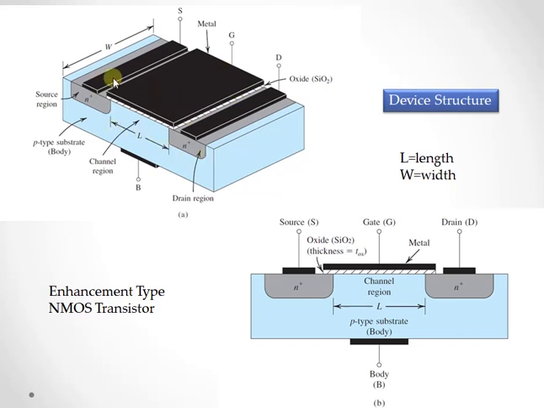Another important thing to be noted is that the MOSFET is a symmetrical device, which means that the source and the drain can be interchanged with no change in the device characteristic.